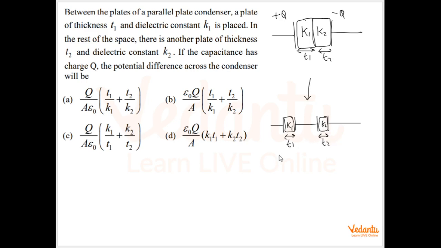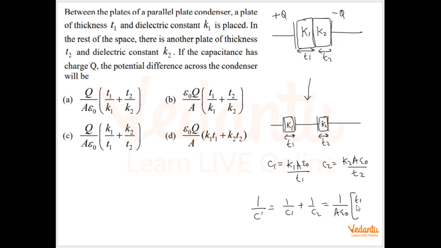Now C1 will be K1A epsilon naught by T1, and C2 will be K2A epsilon naught by T2. So the equivalent capacitance will be 1 by C1 plus 1 by C2, which when you do the calculation will be 1 by A epsilon naught into T1 by K1 plus T2 by K2.